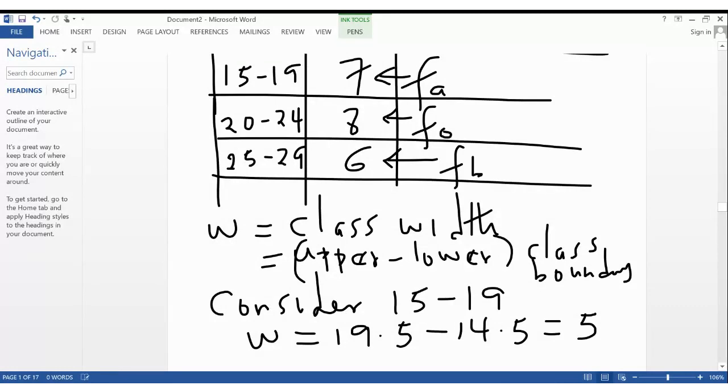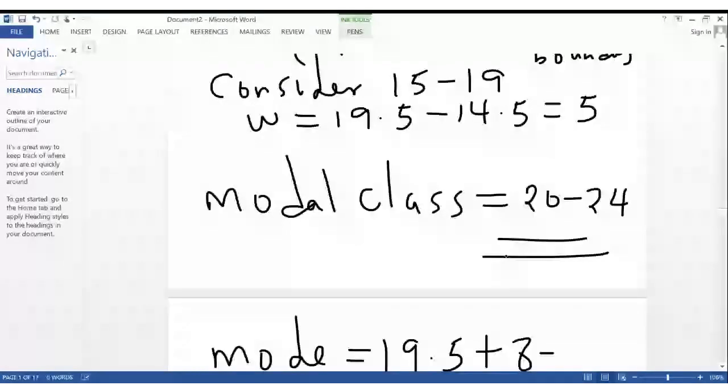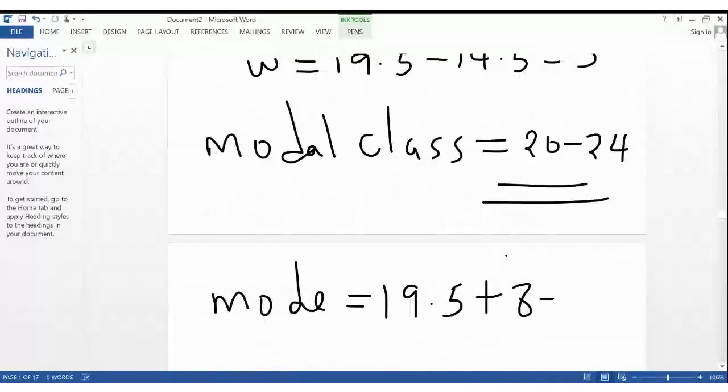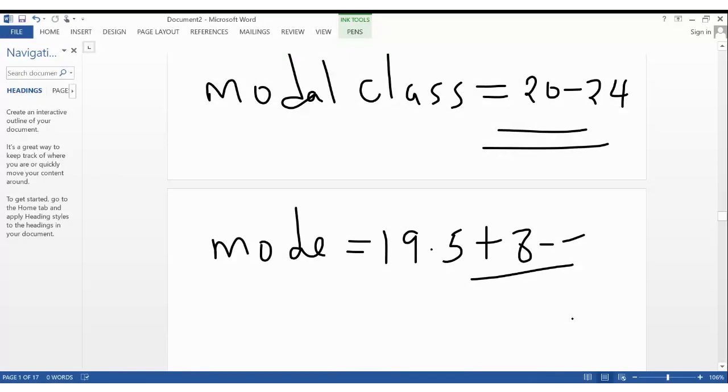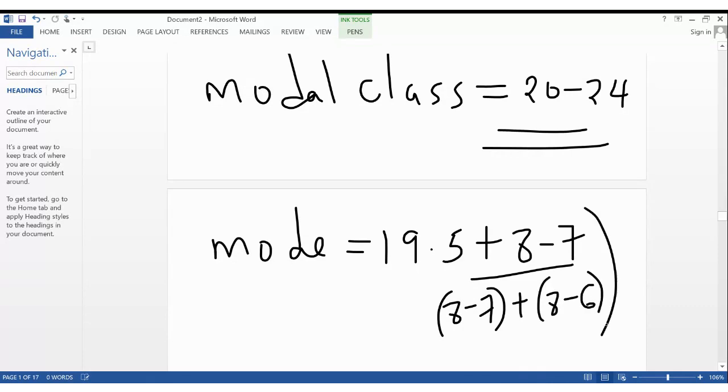And then you just have to use the formula. So I'll have 8 minus 7, and then all over, now we shall have two combinations. The first one is 8 minus 7, plus another 8 minus, after it is 6, and the whole of that we multiply with 5, our class width.